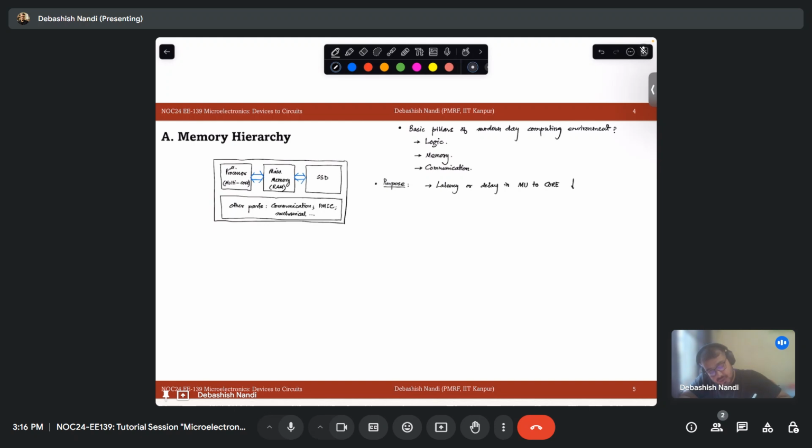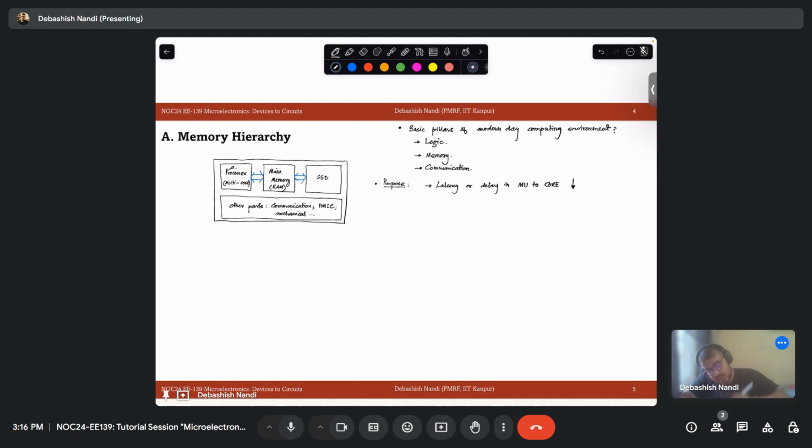We want it to be reduced, because we want fast operation. The performance, or the speed, of your processor will be largely dependent on how fast you can fetch the instructions from the memory. That is a big bottleneck in today's scenario. Your processors can work much faster, but this fetching becomes a bottleneck.